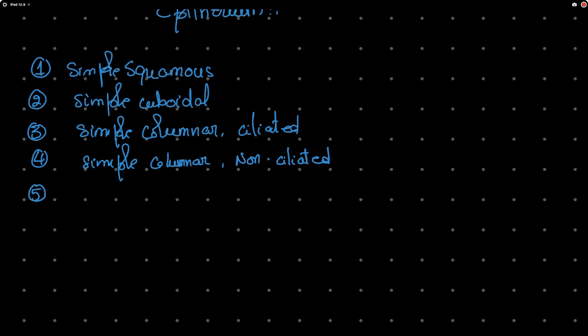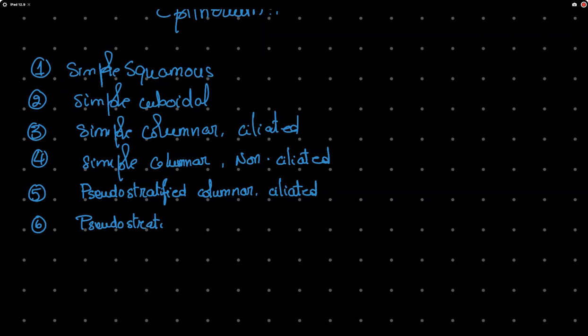We can have pseudostratified columnar, either ciliated, and very unlikely pseudostratified columnar non-ciliated. This is very unlikely.